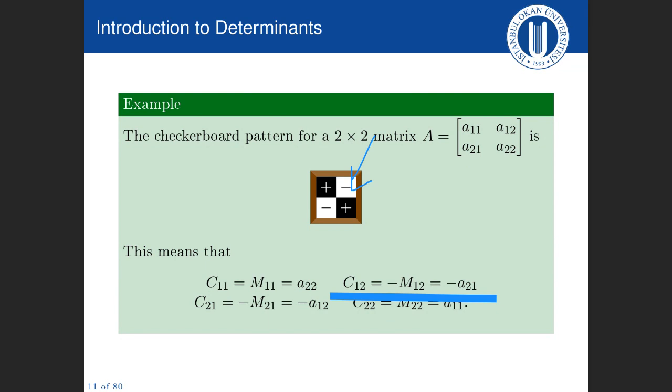So it's a minus M12. What do we get if we cross out the first row and the second column in the matrix we started with? We're just left with the 1 by 1 matrix A21, and the determinant of that is just A21. So C12 is minus A21, etc.